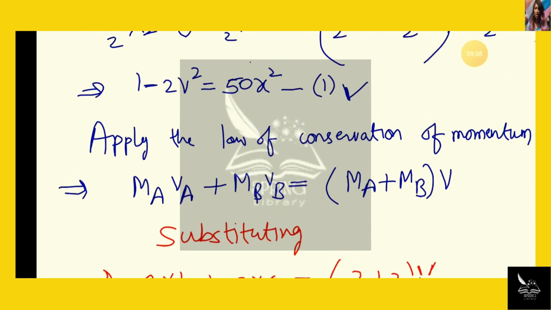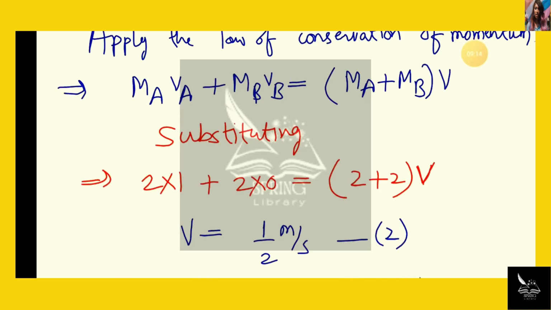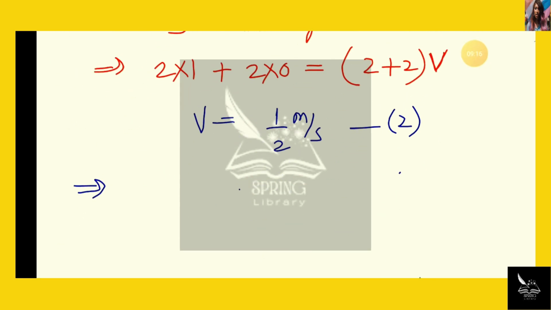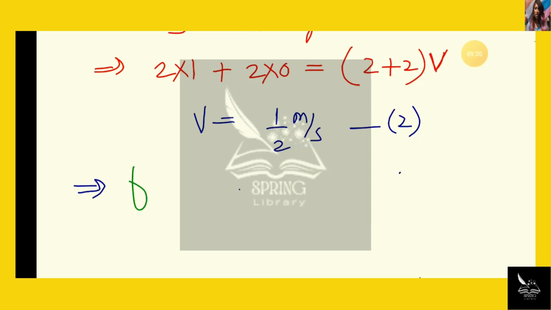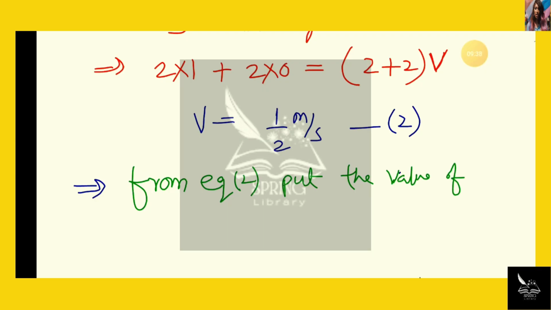It becomes 1 minus 2V square, that is 1 minus 2 multiplied by half square, equal to 50x square.